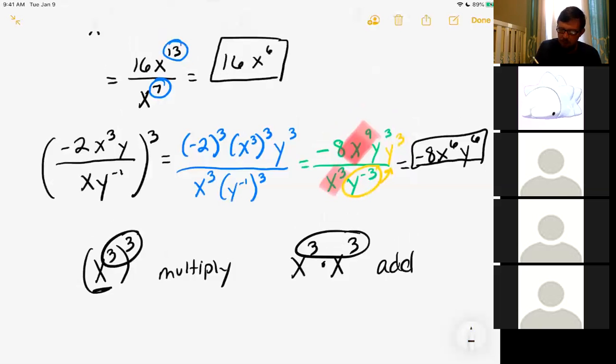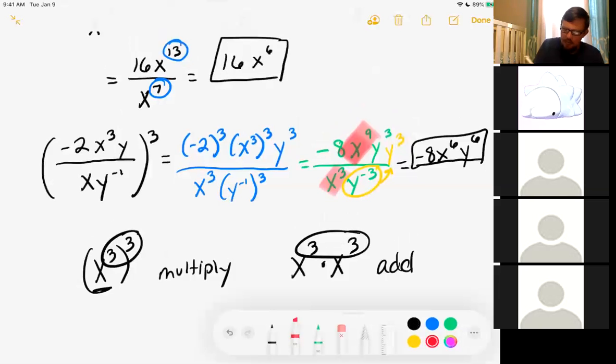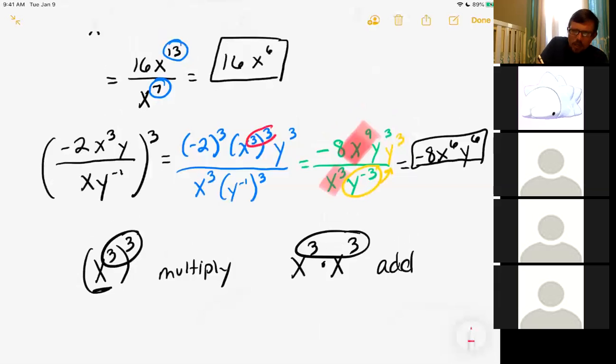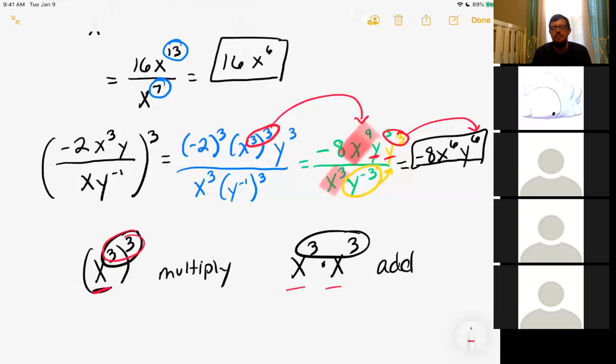So it's like back on this problem that we just did. Right here, we had x to the 3rd, which turned into x to the 9th. We multiplied them. But here we had y to the 3rd and y to the 3rd. We added those because they each had a y in them. If they each have their own base, you add the exponents. And if it's a single base that has double exponents, that's when you multiply. Okay. That makes sense. Good.